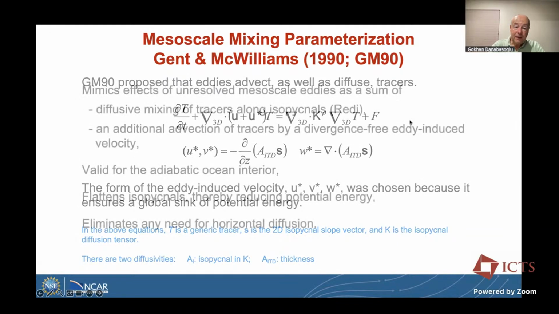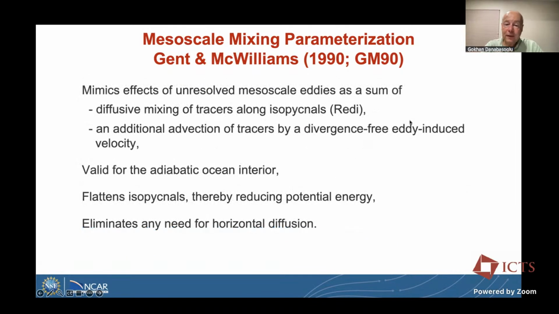Before I get to some results, this parameterization mimics the effects of unresolved mesoscale eddies as a sum of, as I said, diffusive mixing of tracers along isopycnals, and an additional advection of tracers by a divergence-free eddy-induced velocity. The parameterization is valid for the adiabatic ocean interior.